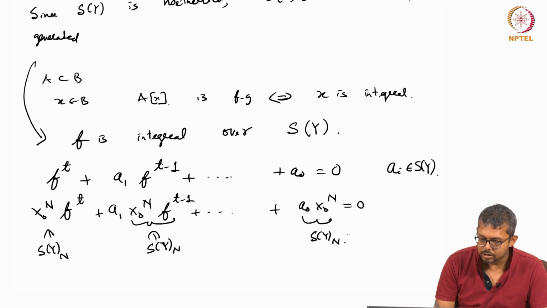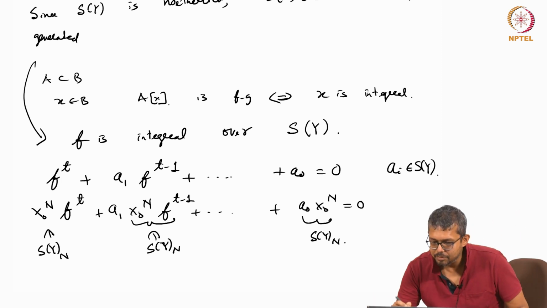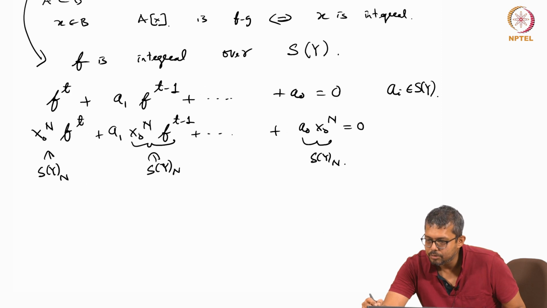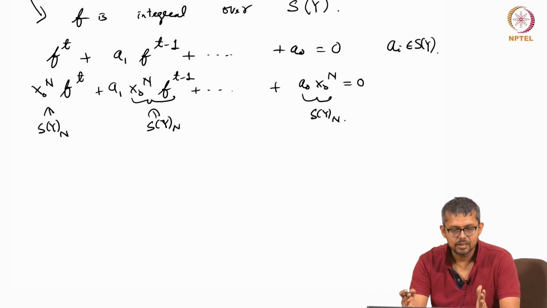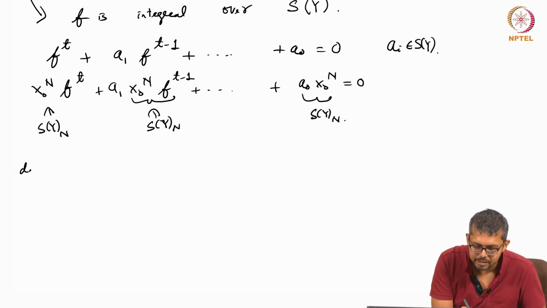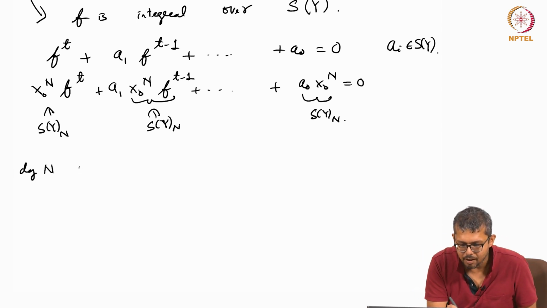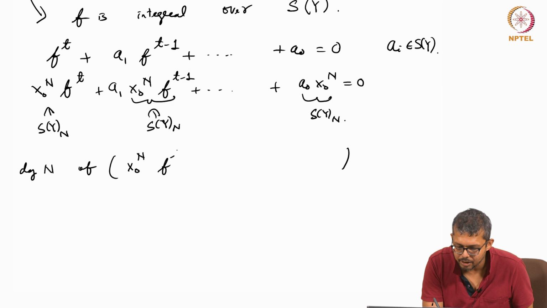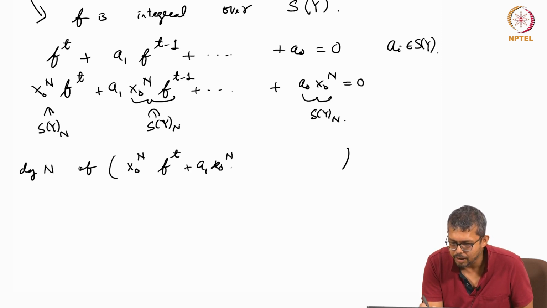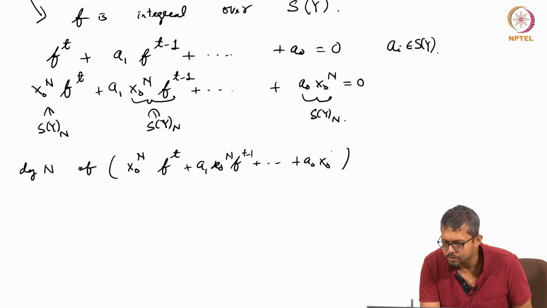So now you have a polynomial, and you take the degree n part of this: x naught power n f power t plus a1 x naught power n f power t minus 1 and so on, plus a naught of x naught power n.